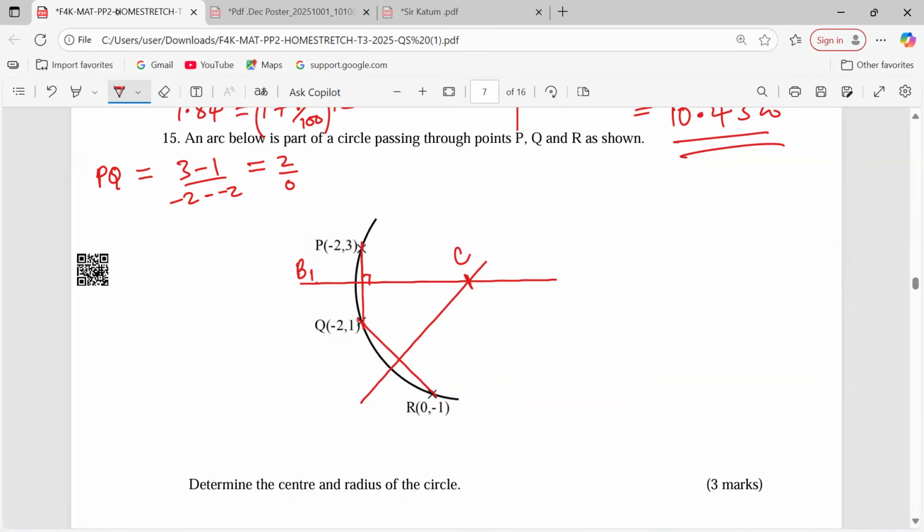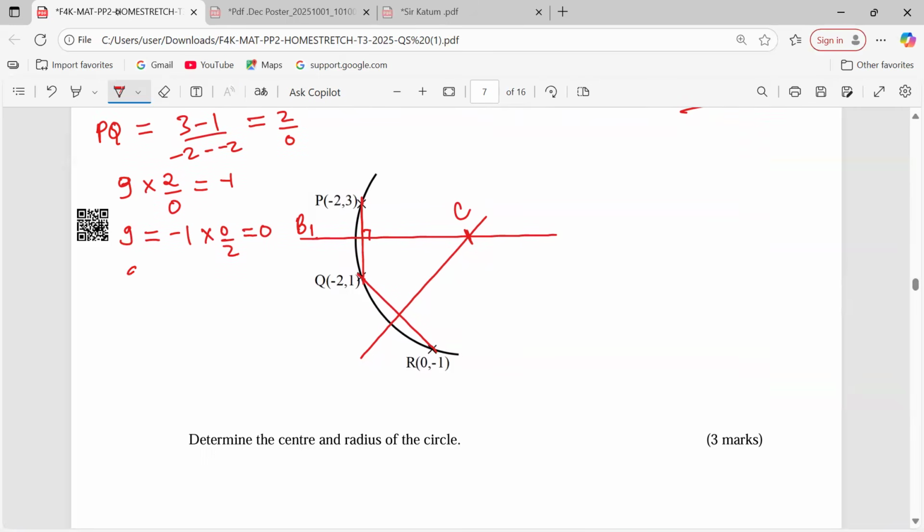Therefore, the second gradient, when multiplied by 2 out of 0, we're supposed to get -1. So this second gradient now shall be -1 by 0 over 2, giving us 0. So the line has a gradient of 0, which means perfectly a horizontal line.